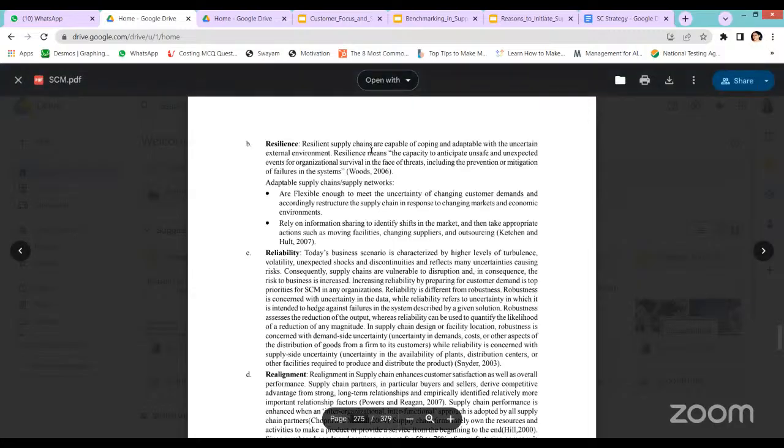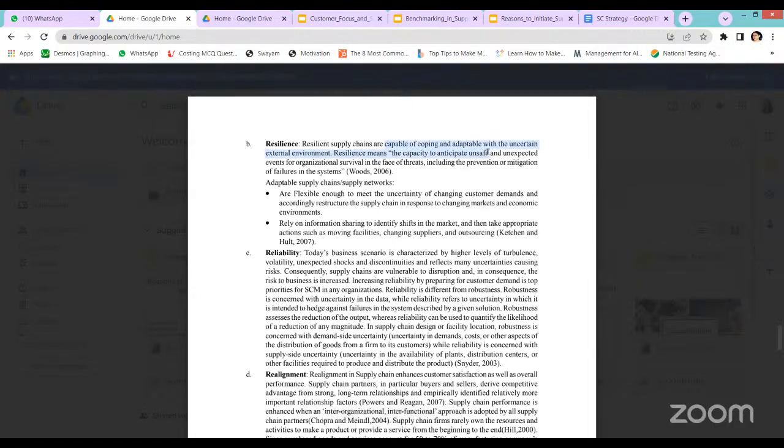Resilience is being capable of coping and adapting to an uncertain external environment. Reliability: it is not only coping with supply and demand requirements, it also ensures that, in the present competitive market, customers look for the reliability of your products.